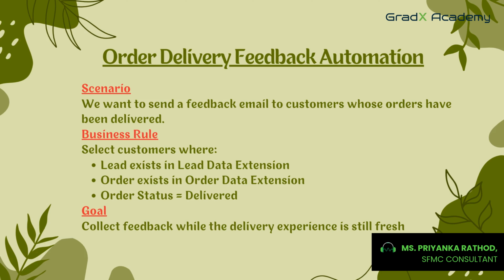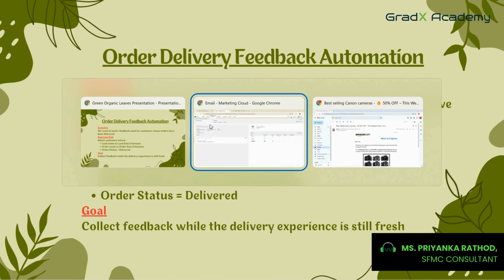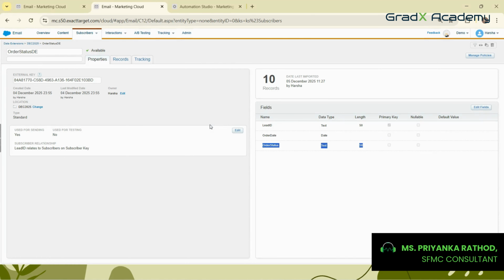We're going to fetch the data. Which kind of data? See, what I showed you, I have two data extensions, right? From one data extension, I want the email ID and other basic information of the subscriber. And from the second data extension, I want the order status.